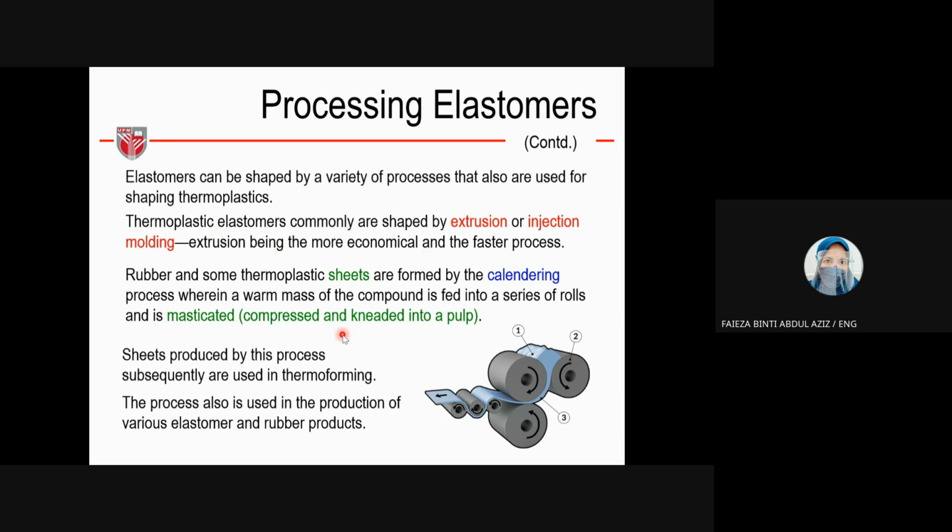Rubber and some thermoplastic sheet are formed by the calendering process, wherein a warm mass of the compound is fed into a series of rolls like this and is masticated, or compressed and kneaded into a pulp. Sheets produced by this process are subsequently used in molding. The process is also used in the production of various elastomer and rubber products.